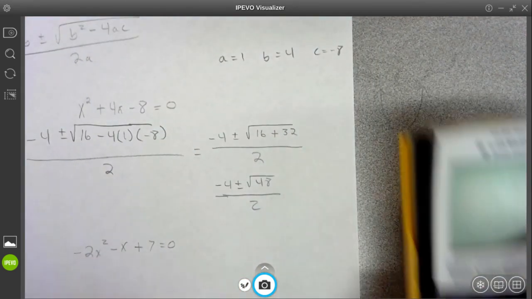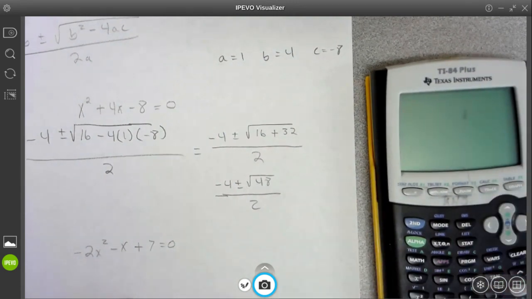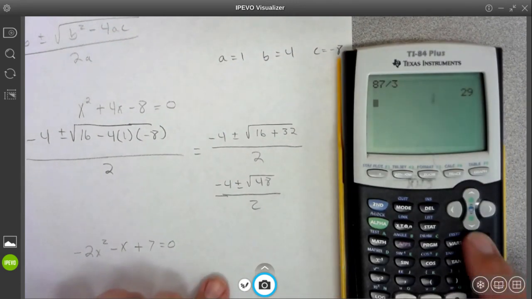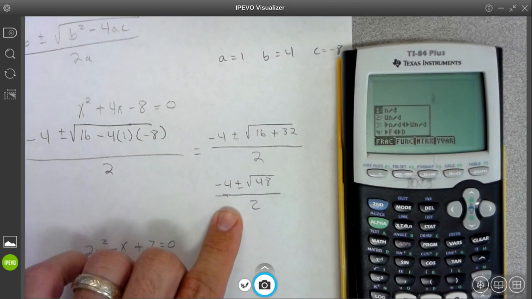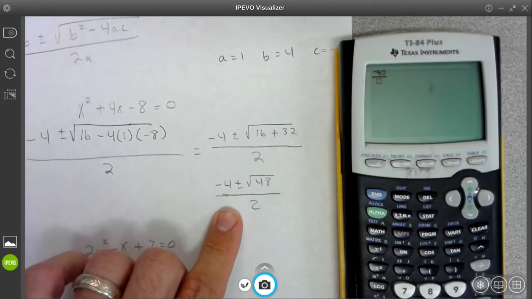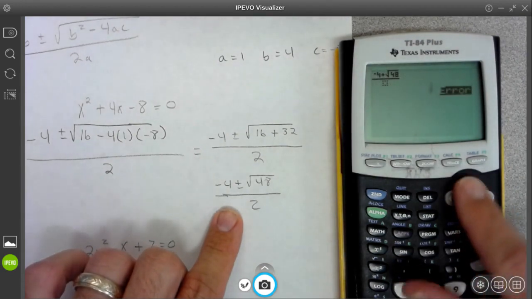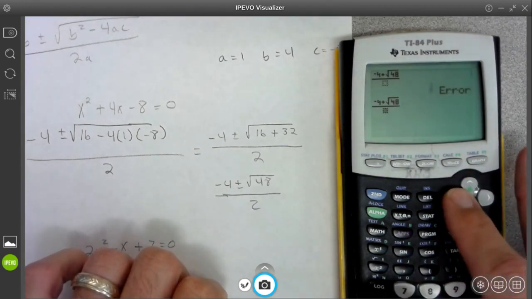All right. To approximate it, to get the decimal answers, we're just going to throw this into a calculator. All right, I'm going to do -4 plus the square root of 48. Oh, I didn't put my 2. Over 2.